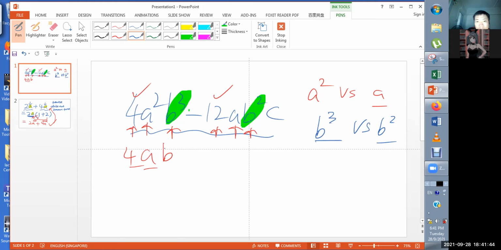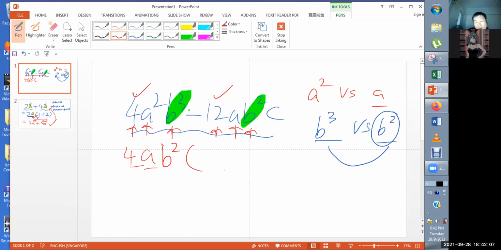Just now you said you take B, wrong. You don't take B because now it's between B cubed and B squared. So you take the smallest, B squared, not B. You can only get one step lower.